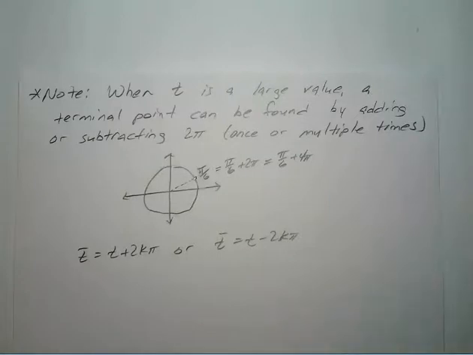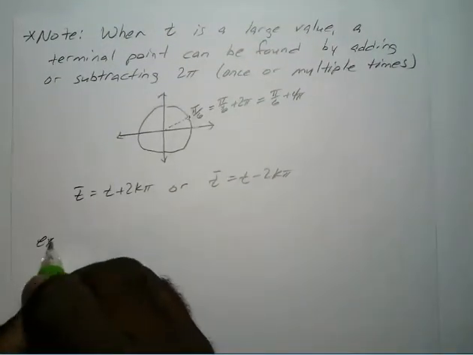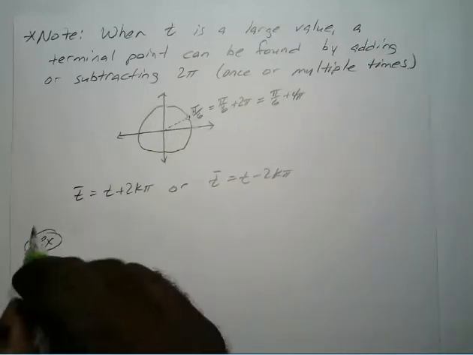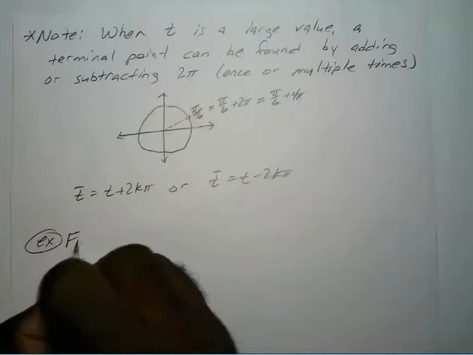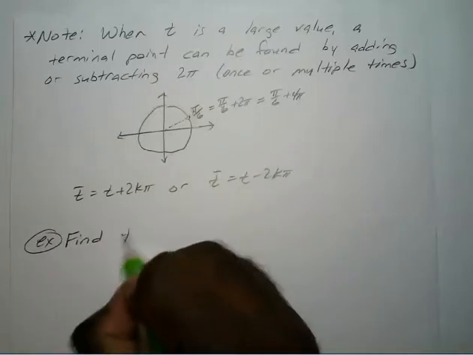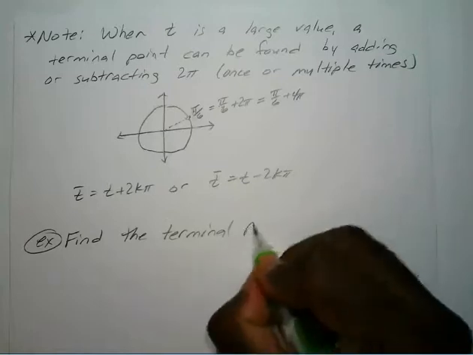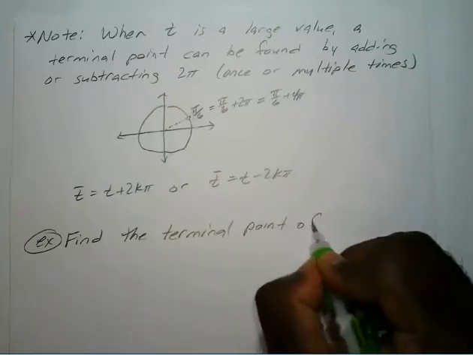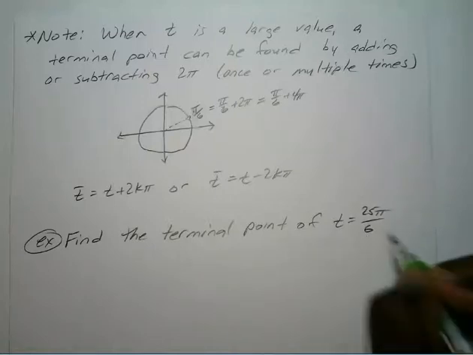Okay, so for example, what if we want to find the terminal point of t equals 25 pi over 6?